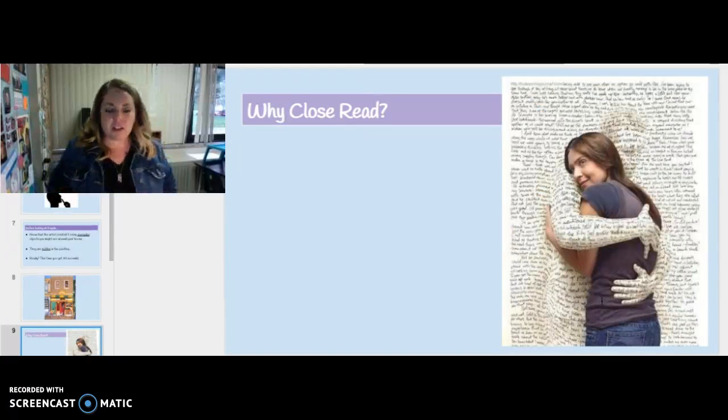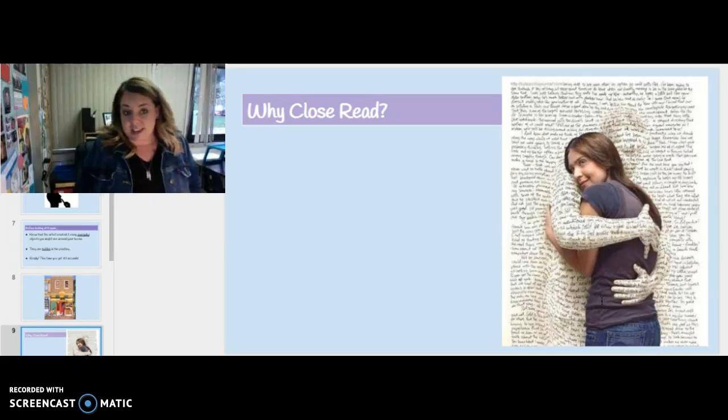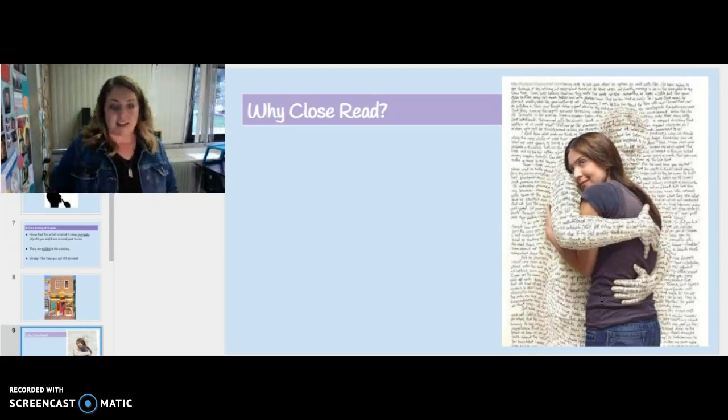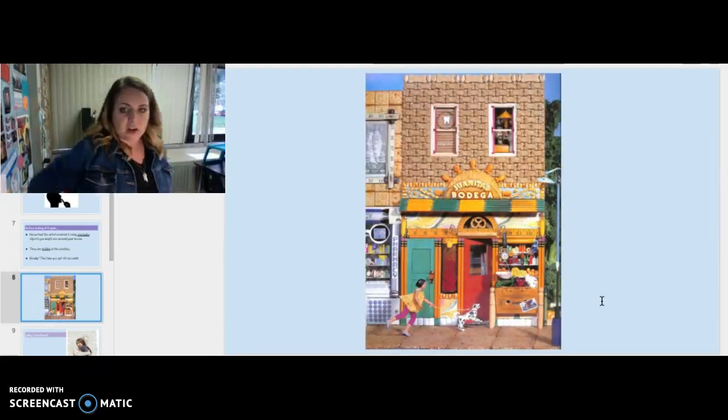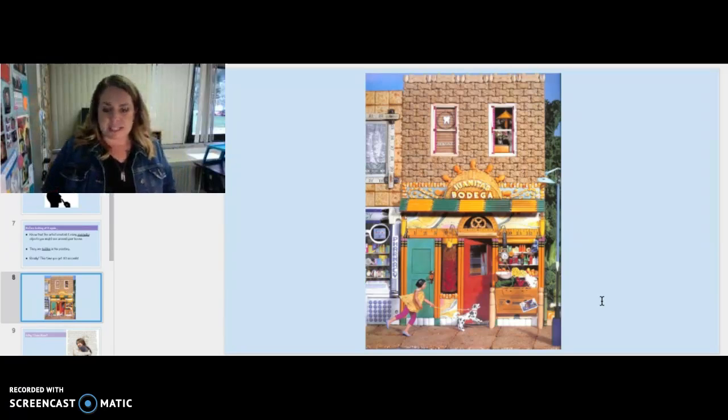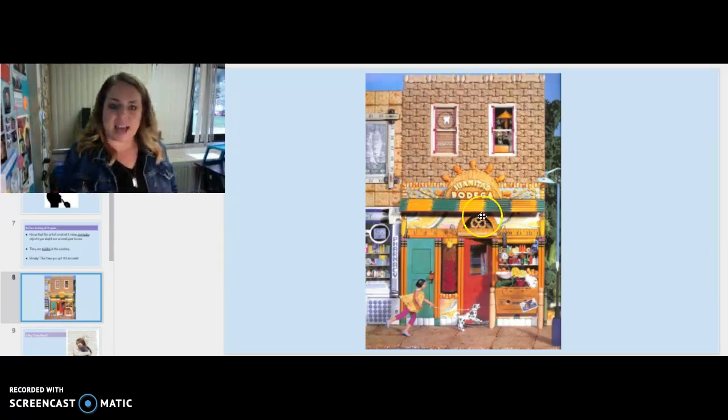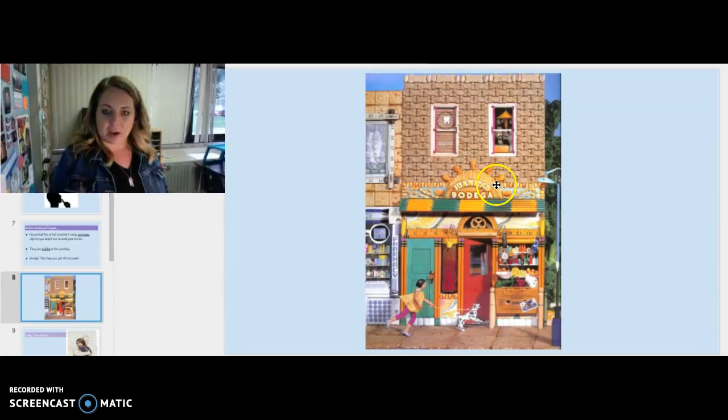So if you looked for 30 seconds at that picture, you probably saw a lot of surprising things that you wouldn't have noticed with just a quick glance, right? I typically have students say that they see that the sign for the bodega is a taco, that there's a ruler that goes across here, and the post is made of pencils, and even the girl's dress or tunic is a chip.